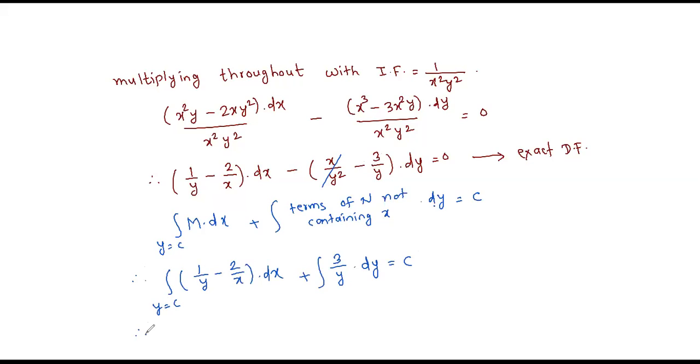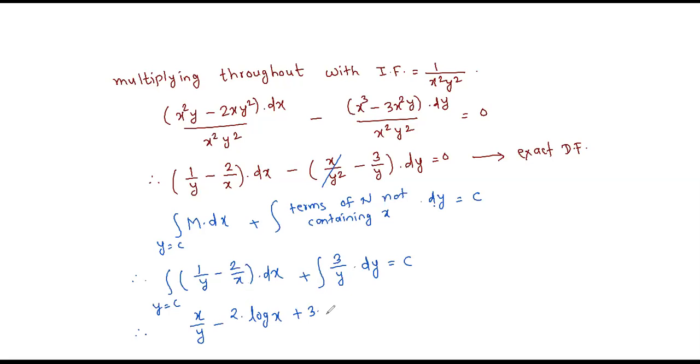So we have to keep y as a constant, remember. So 1 upon y into dx, it will be x upon y minus 2. What is integration of 1 upon x? It will be log x, plus 3 into, what is dy upon y?